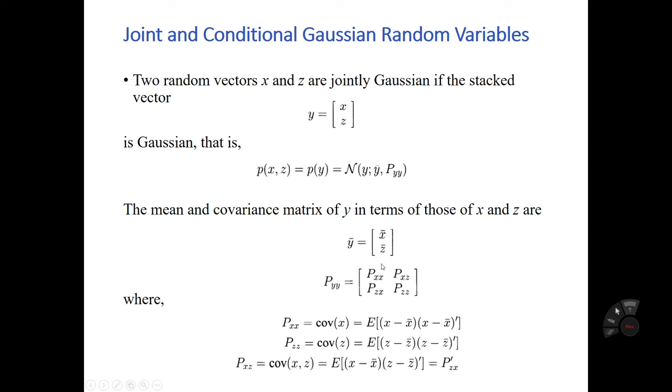This is a 2 by 2 block matrix, with the covariance of x and the covariance of z, and P_xz is the cross covariance, which equals the transpose of P_zx.